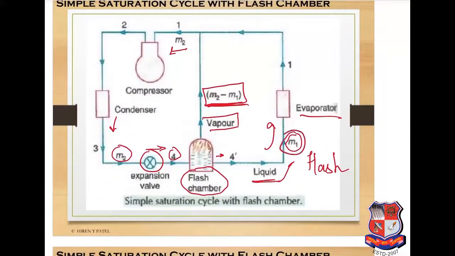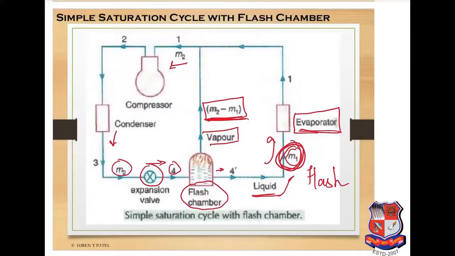Here we can see that only mass m1 is transferred, so there is a reduction in the size of the evaporator. That is the benefit of this simple saturation cycle while using the flash chamber: reduction in mass and reduction in size of the evaporator.